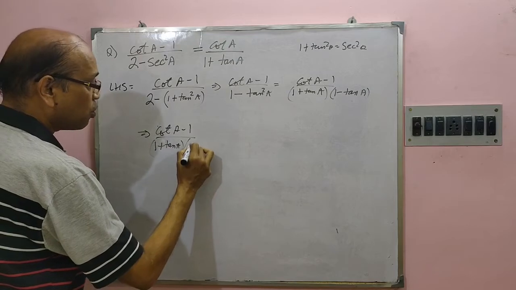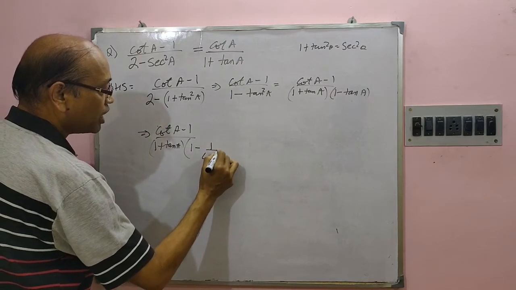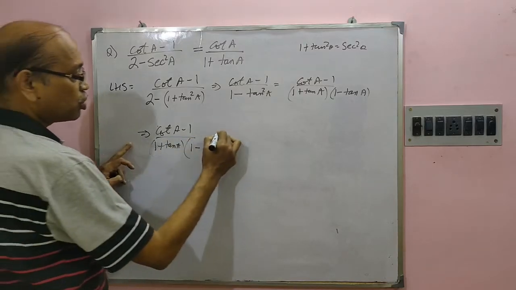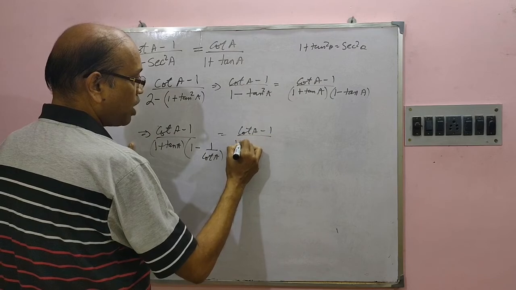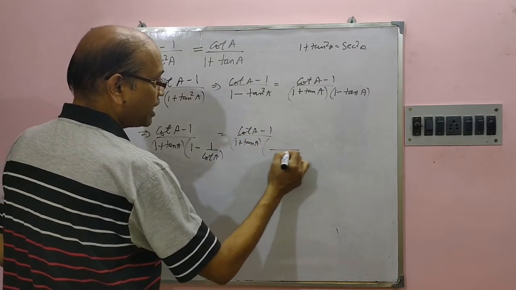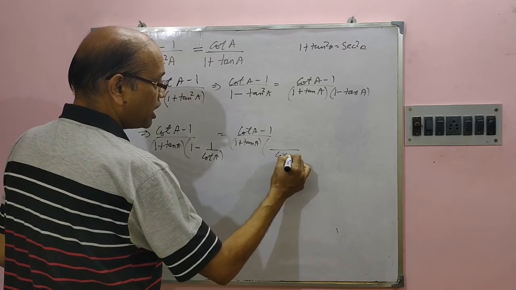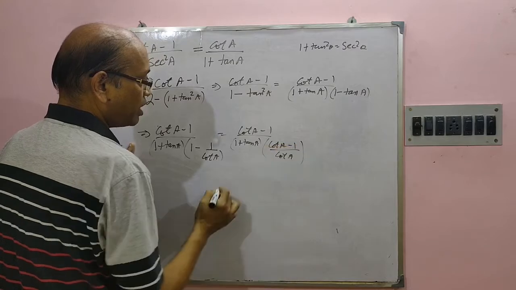Now change this 1 minus 1 by cot A, which is equal to cot A minus 1, 1 plus tan A into, I take the LCM here as cot A, and what I get here is cot A minus 1.